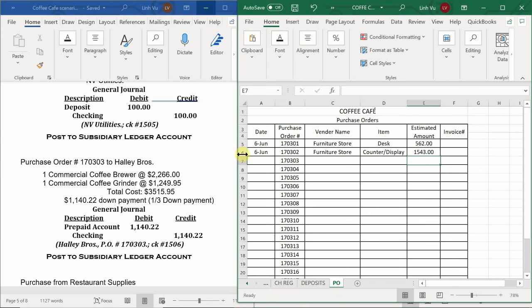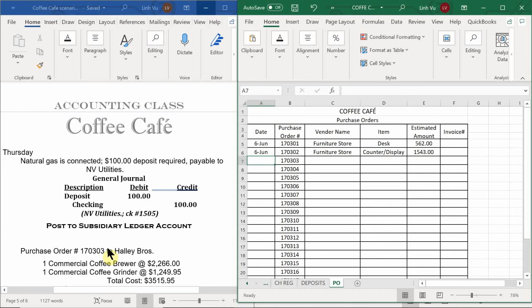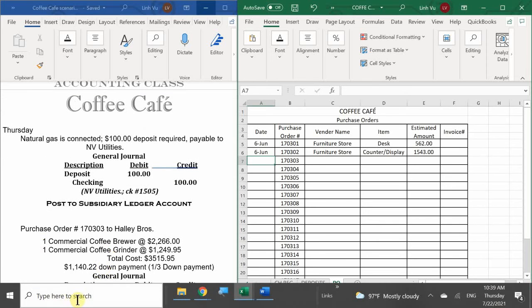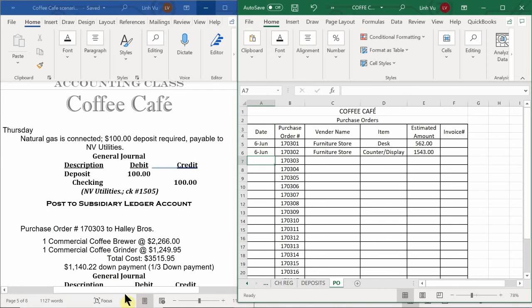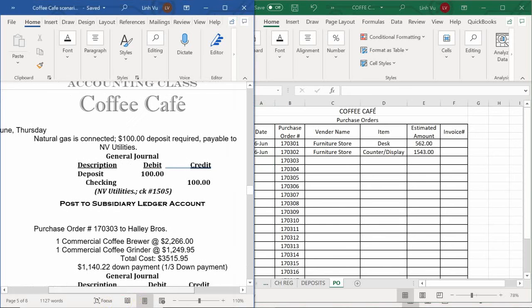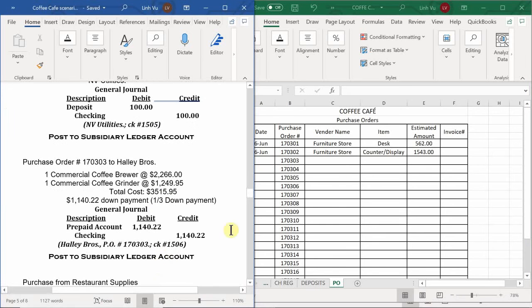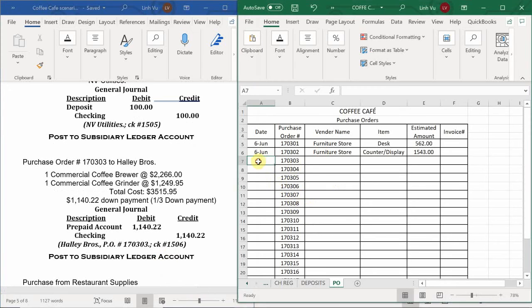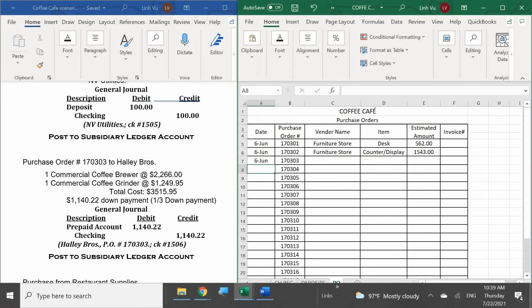Okay, this is PO 303. This time, I think we still are on Thursday, June 6th. Okay, so we're still on June 6th. So it was ordered on the 6th of June.